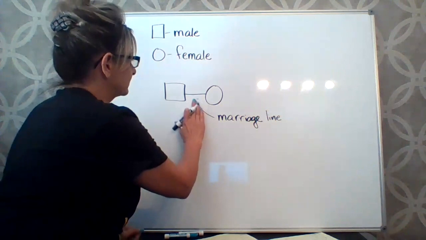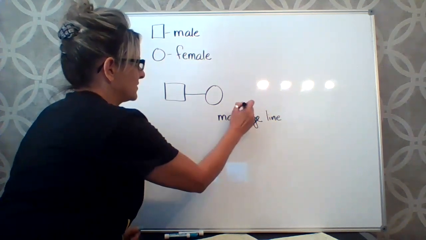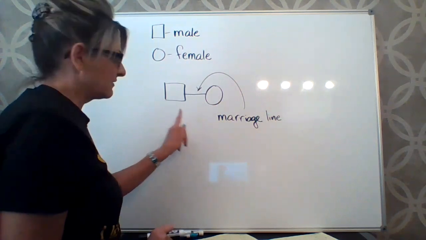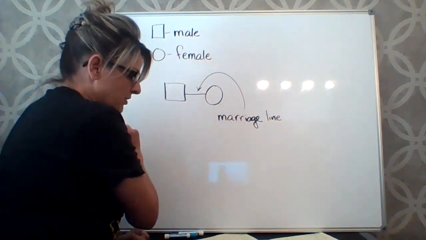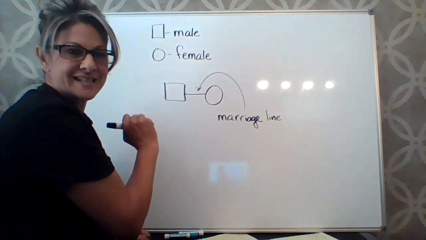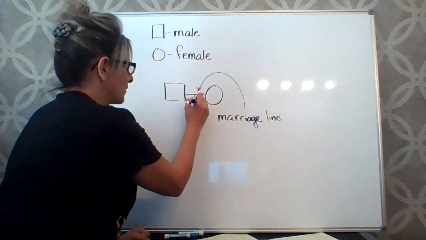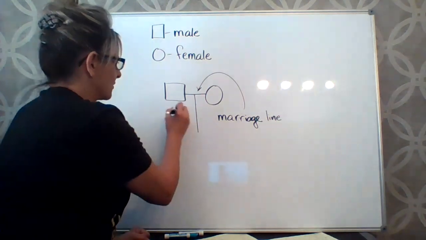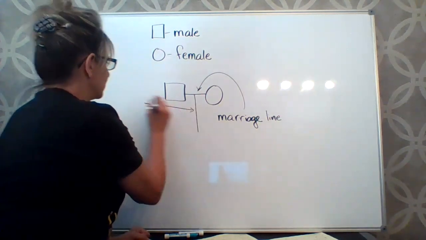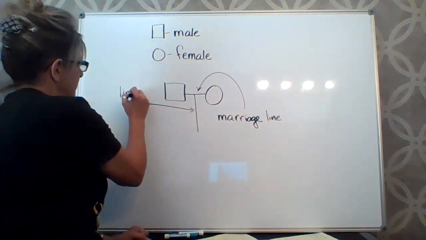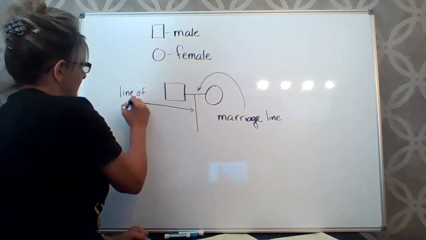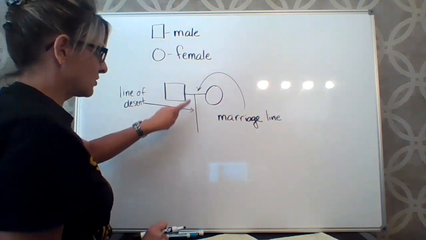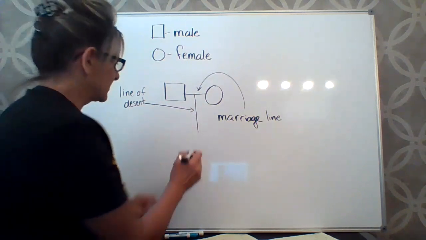Now, I'm going to do it like this. So once we have a male and a female that have that, we draw what is called a line of descent. And a line of descent goes vertically. Okay. So this is our line of descent. So the line of descent shows that the two people reproduced.